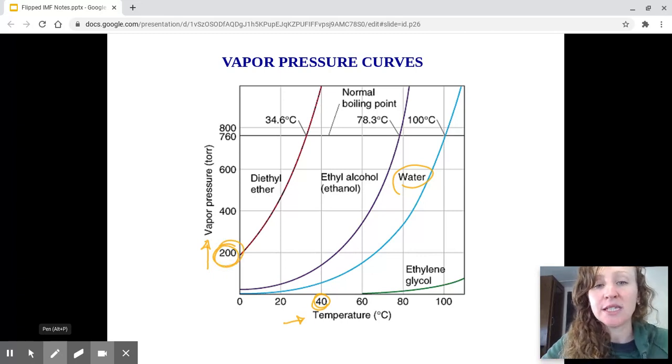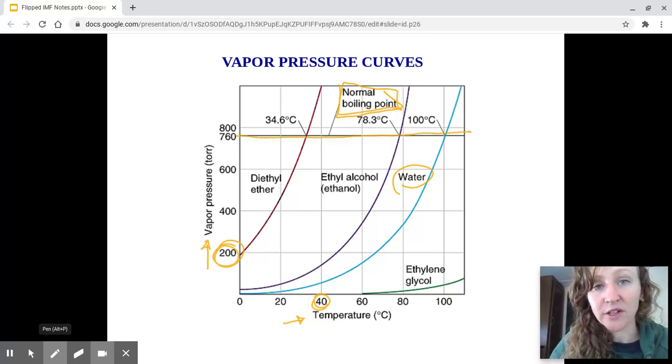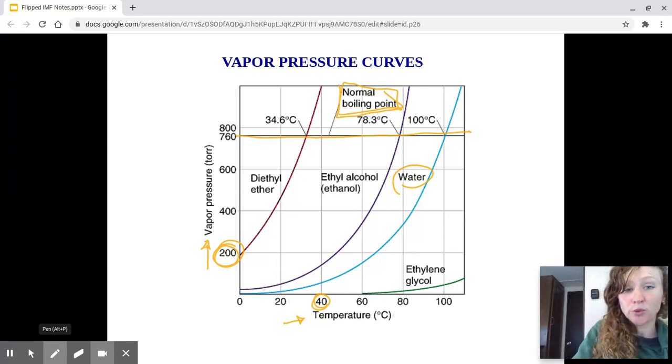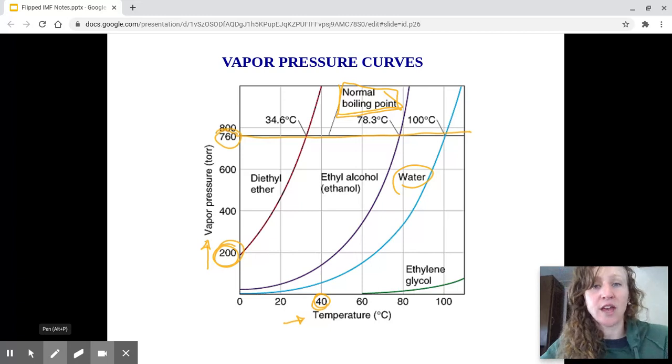And then you can see here what the normal boiling point is. So you have a normal boiling point line. So this is at 1 atmosphere of pressure, which is equal to 760 torr, or 760 millimeters of mercury.